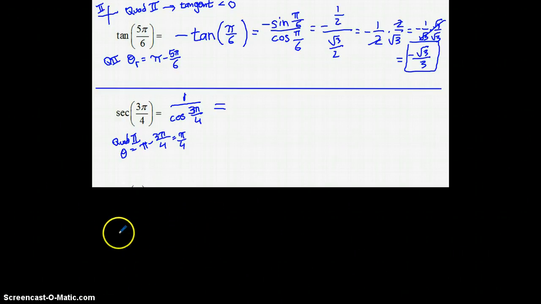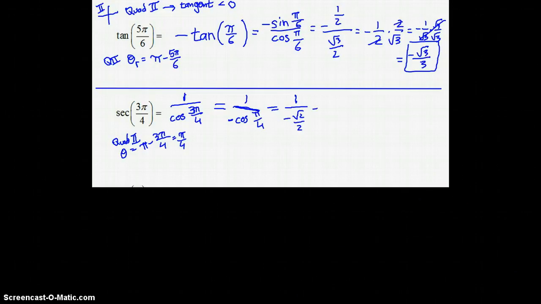Is cosine positive or negative in the second quadrant? X is negative, therefore cosine is negative. So this is going to be negative cosine pi over 4. Okay. Cosine pi over 4 is square root of 2 over 2.